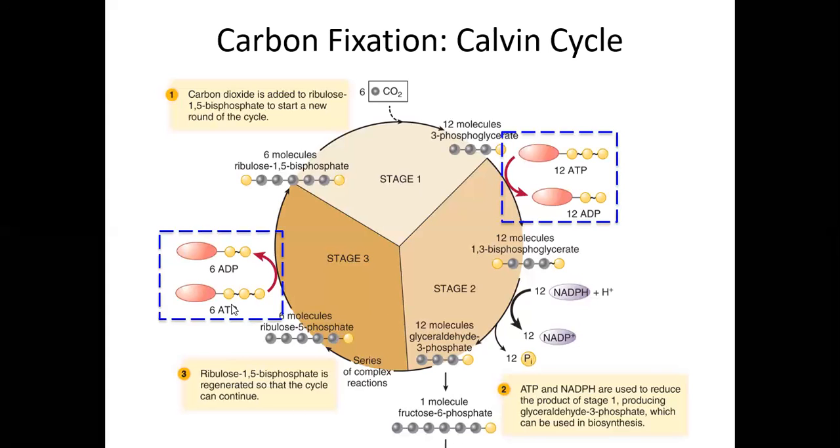And then you need another 6 ATP to regenerate ribulose 1,5 bisphosphate. So adding another phosphate here to ribulose 5-phosphate. So you need to add one to the first carbon. So that's the Calvin cycle. A lot of ATP. So I guess looks like 18 total ATP required.